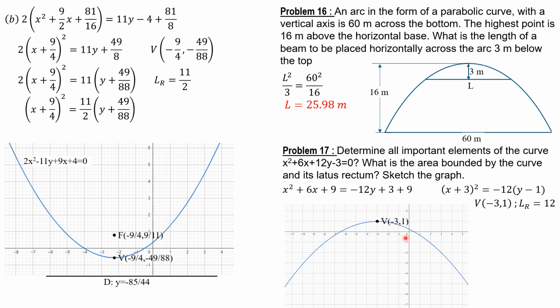And the directrix is y equals 1 plus 1/4 of 12, which is 3. 1 plus 3 is 4. So the equation of the directrix is y equals 4. The focus, by the way, is negative 3, comma 1 minus 3, negative 2.